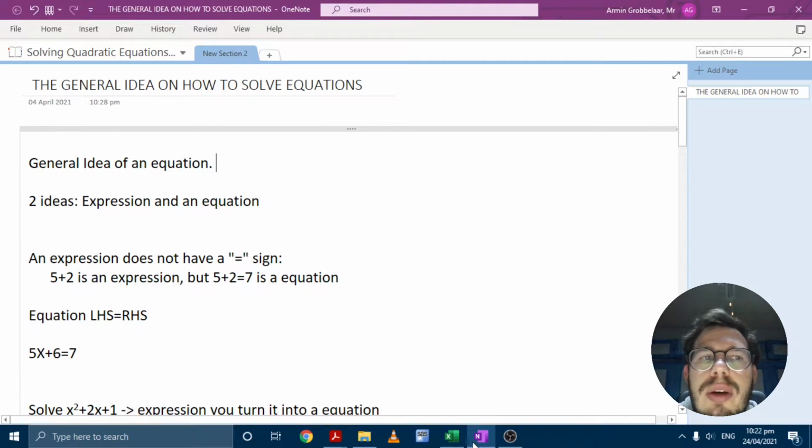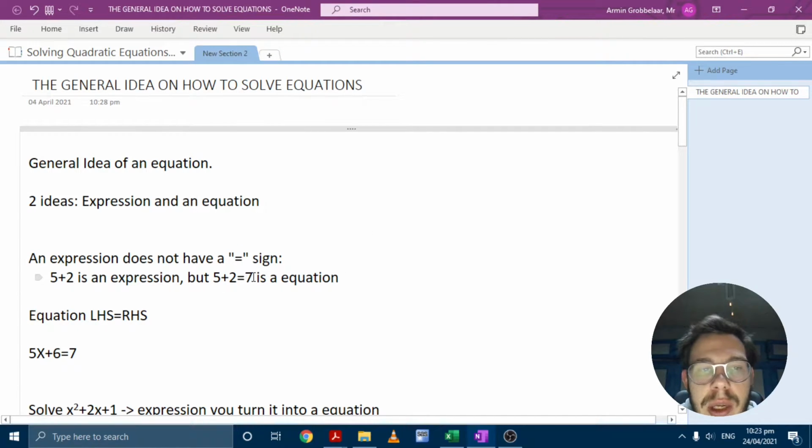So today I'll talk about the general idea on solving equations. You get expressions and you get equations. An expression does not have an equal sign, like 5 plus 2 is an expression. But 5 plus 2 equals 7 is an equation because it has an equal sign in it.